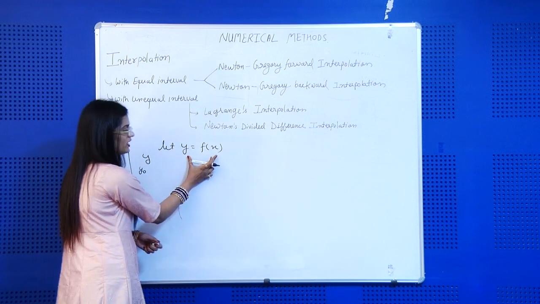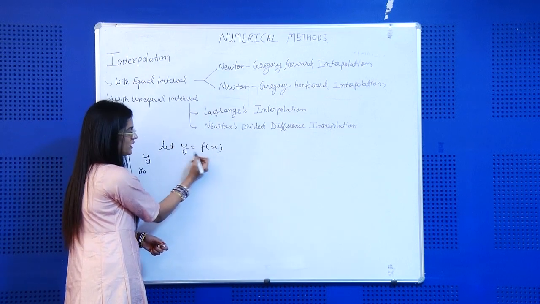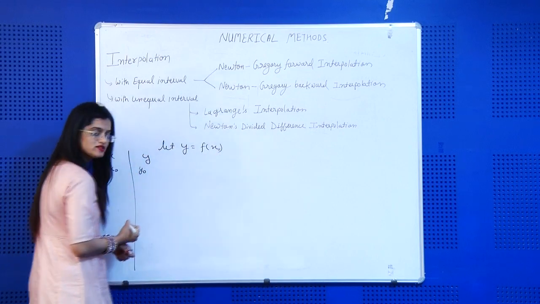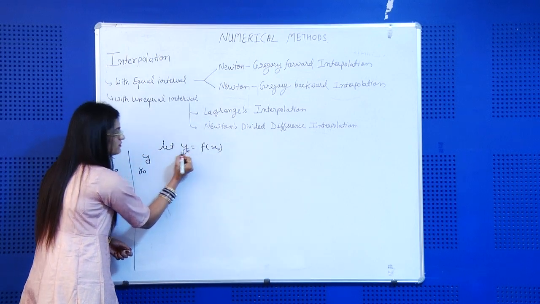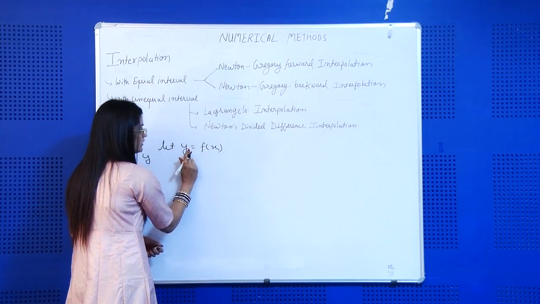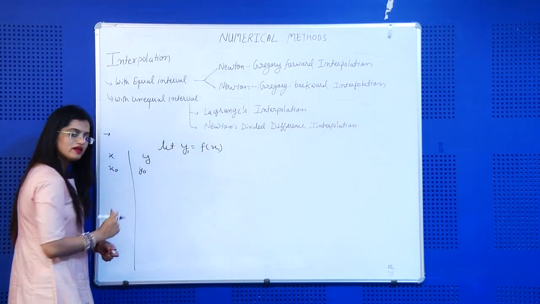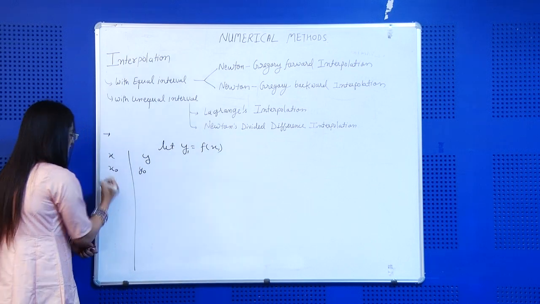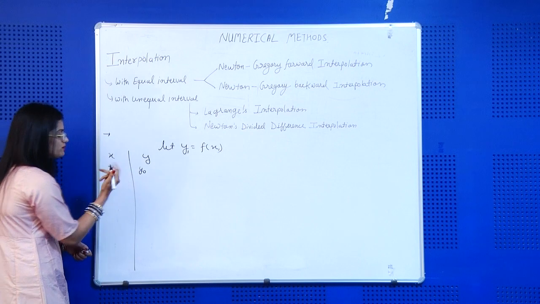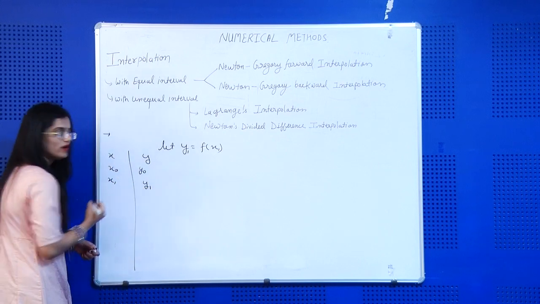The reason is that we have a relation between y and x. If I initialize the x value with x naught, I get the y naught value. If I initialize x with x1, I get the y1 value. So my second value is x1, and the corresponding value of y is y1.